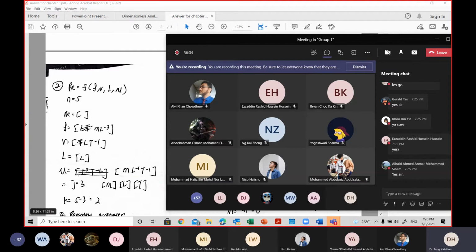Make sure you know where the viscosity is: ML^-1 T^-1. So from here, I know that my 5 parameters will consist of M, L, and T. So I know my j equals 3: M, L, and T.